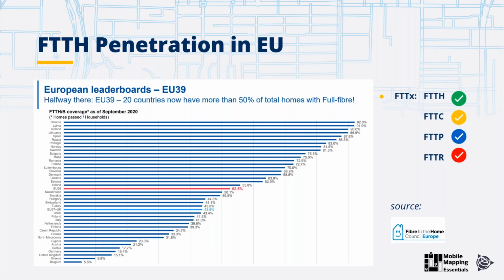We talk about FTTC, which is fiber to the cabinet, where the fiber network cable arrives to the cabinet, and then from the cabinet we have the typical copper cable going to the house of the user, with the consequent loss of performance. Fiber to the premises, fiber to the radio, where the last mile might be covered by a radio link from the fiber optic cable and then to the home of the user. All of this belongs to this FTTX concept or terminology.